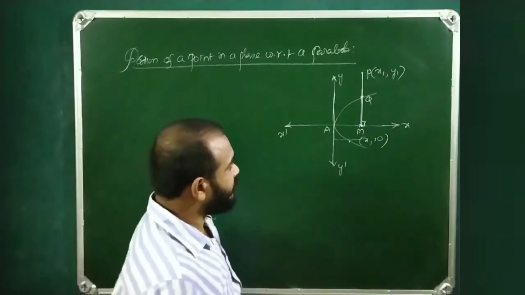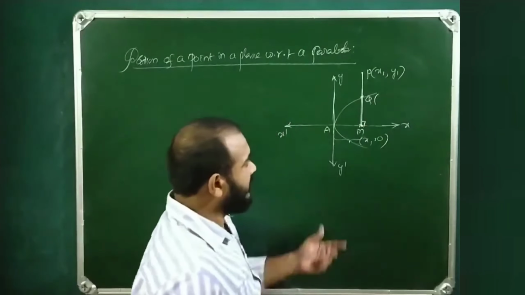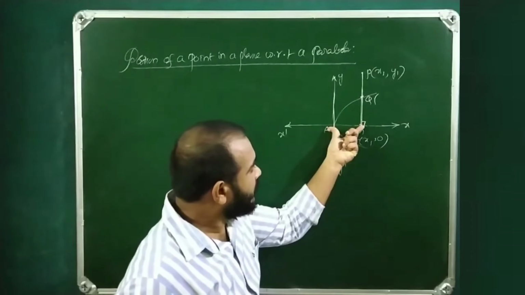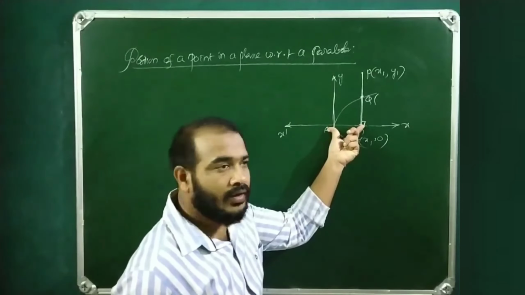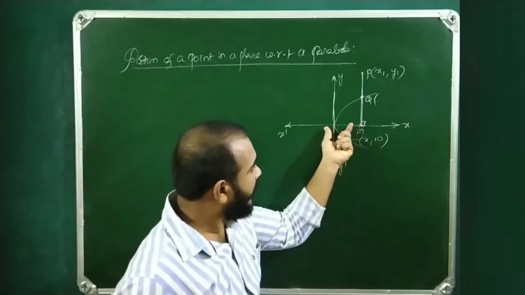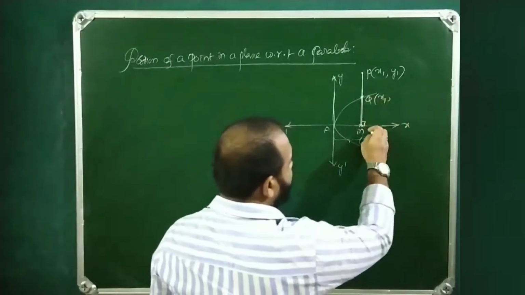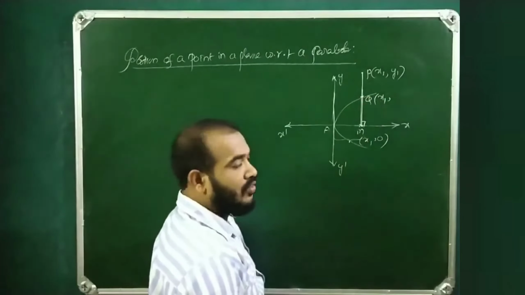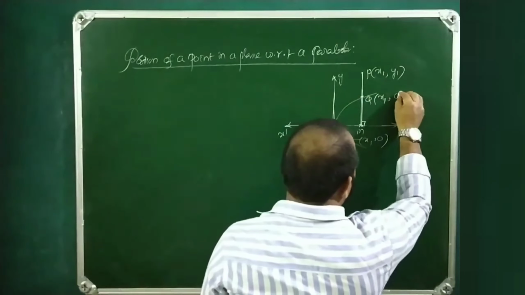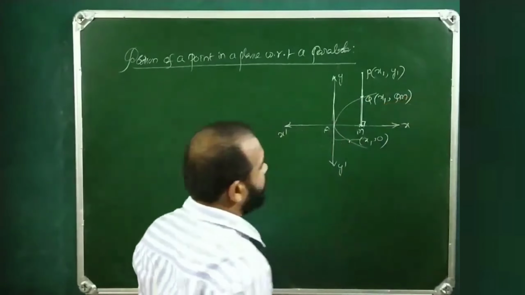That means this point is also at a distance of x1 from the origin, from the y-axis. So this is also x1. But how much is this height? I don't know, so let us suppose this to be QM.